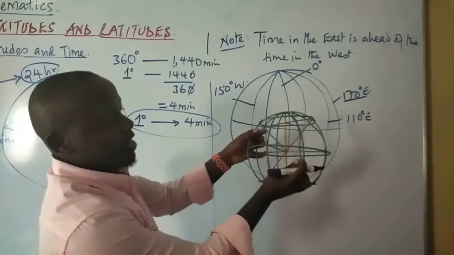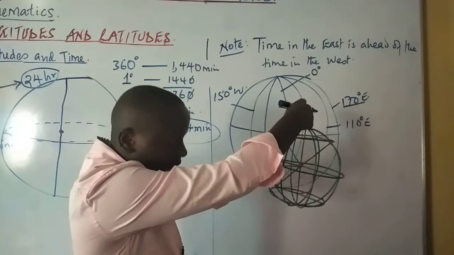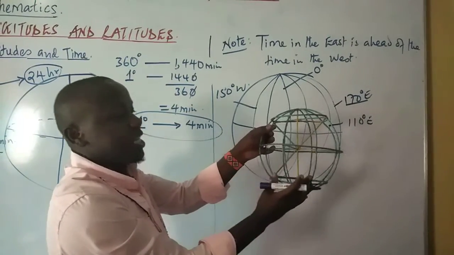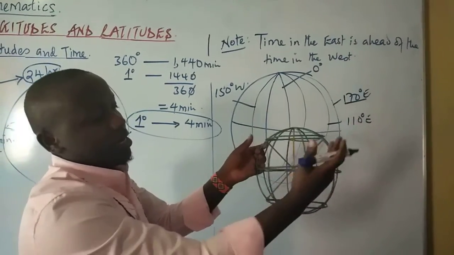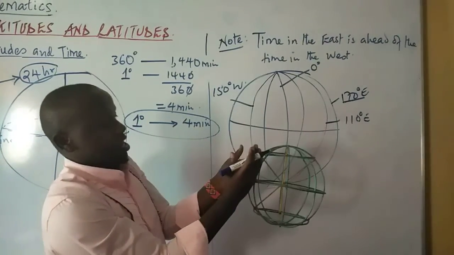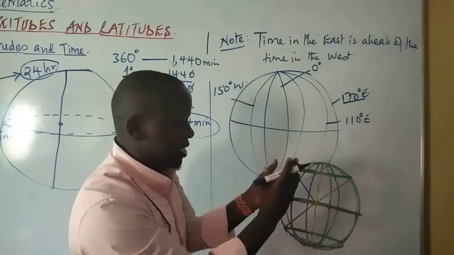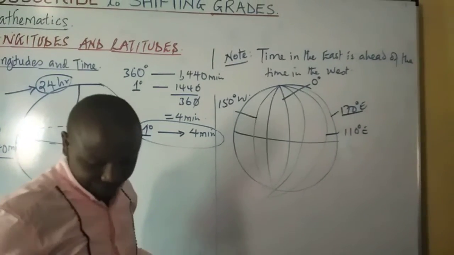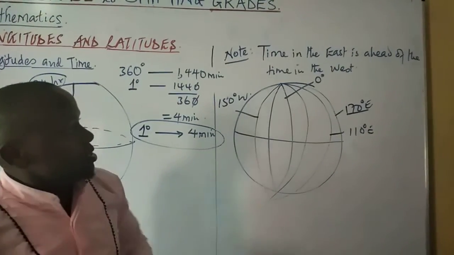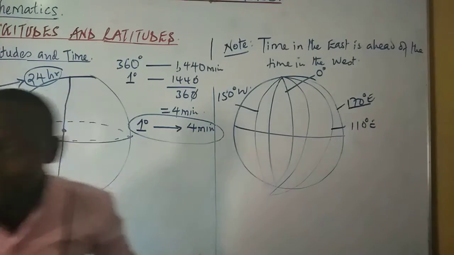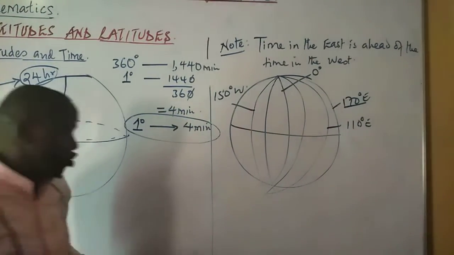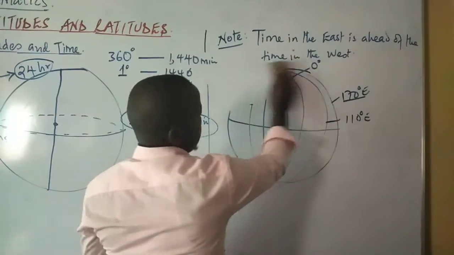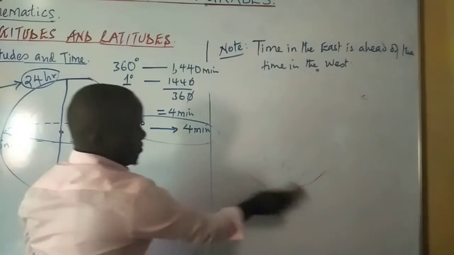Because it is upright, all the places along a given longitude are dawning at the same time, unlike places on a different longitude which has not yet received the light. Therefore, places in the east are ahead in time compared to places in the west.